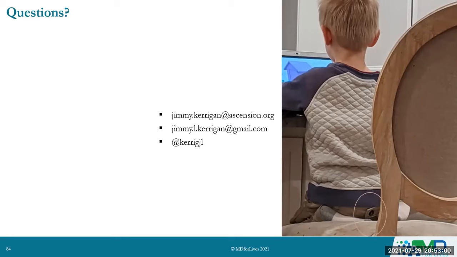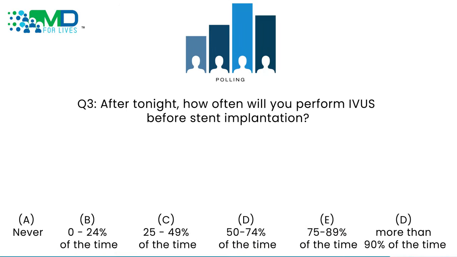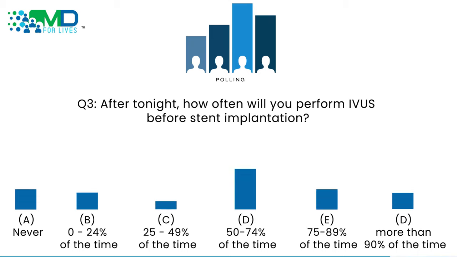So we'll give it 10 more seconds on this, and I wish I could pull them up side by side. Maybe I can to share with regards to how things changed. All right, that's 1 minute. Still about a third of the people got in, which is great. Share results. So let me see if I can go back to slide 10, share results. So before we started, 26% of people never perform IVUS before stent implantation, 37% never do after.